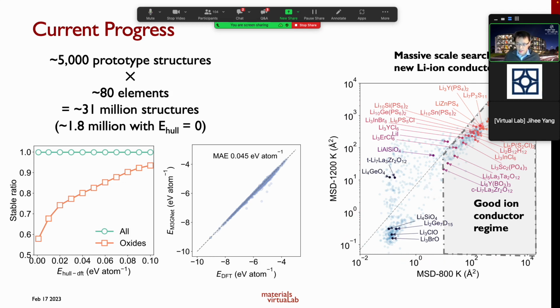And you'll notice that all the known lithium superionic conductors actually fall within this regime. So materials sitting there have very high ionic conductivity, very high diffusivity at the lower temperature, and the activation barrier is also sufficiently low, such that we would have some confidence that it might be a good conductor at room temperature. Okay, and what you notice is that there are a lot of points sitting here that no one has actually explored experimentally for lithium superionic conductors.